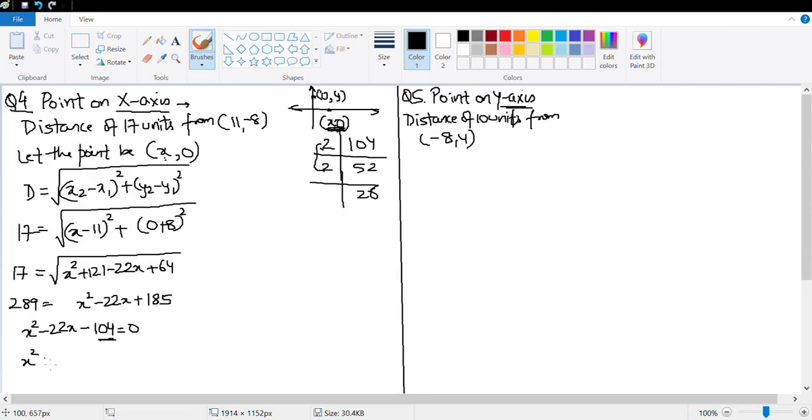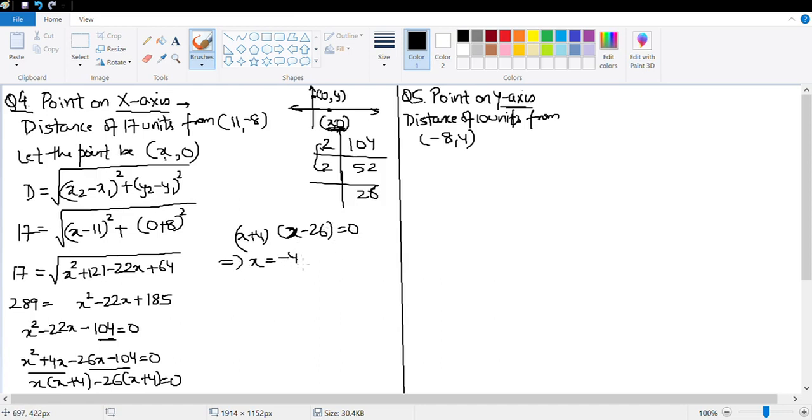So x square plus 4x minus 26x minus 104 is equal to 0. Let's group them together. X times x plus 4 minus 26 times x plus 4 is equal to 0, which means x plus 4 times x minus 26 is equal to 0, which means x is equal to negative 4 or x is equal to 26.